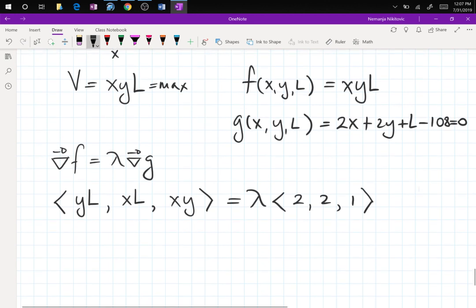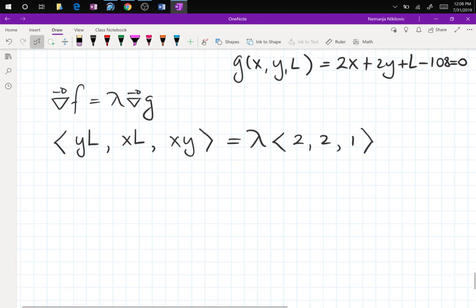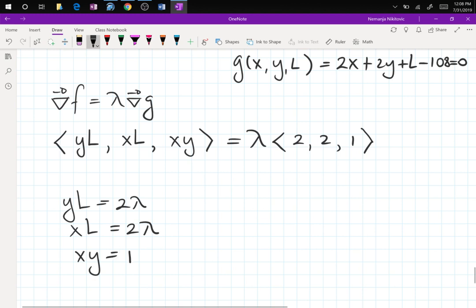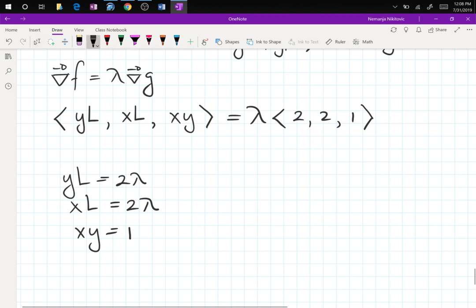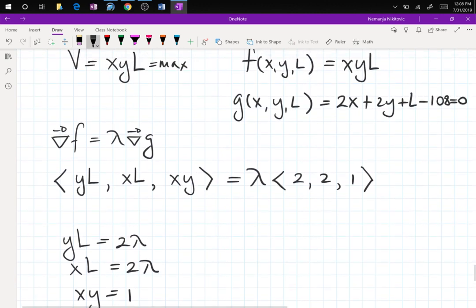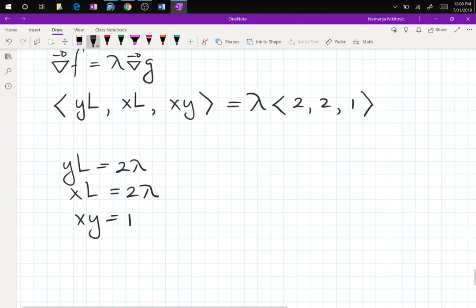Oh, nice. I get to write my three equations now. yL is equal to 2 lambda, xL is equal to 2 lambda, xy is equal to 1 lambda.